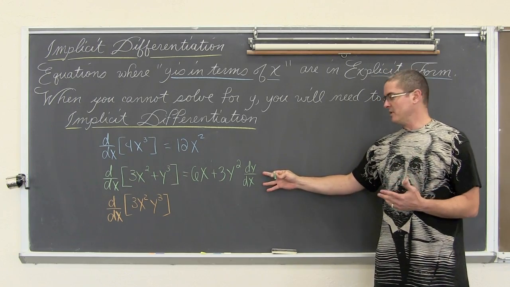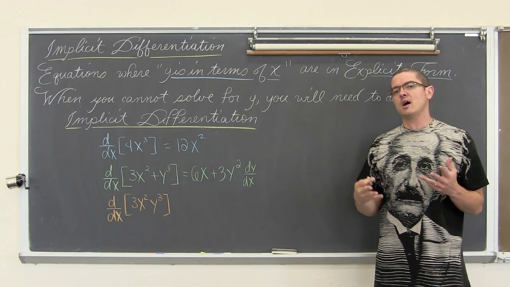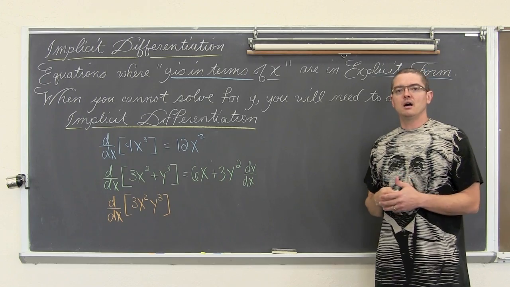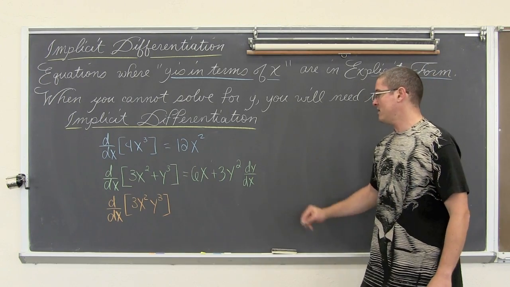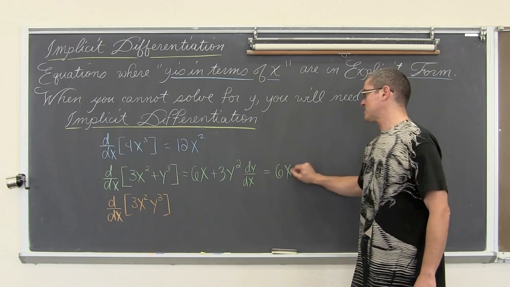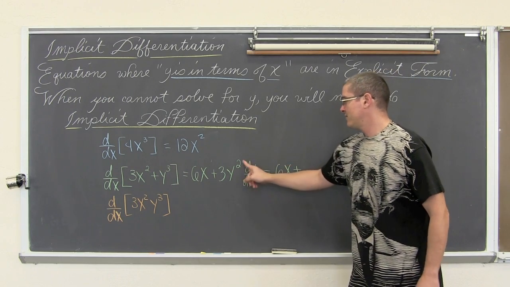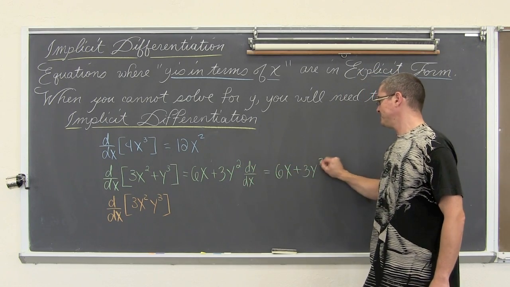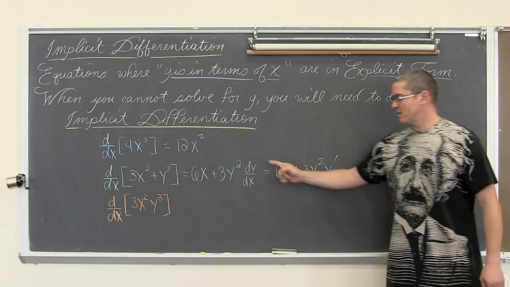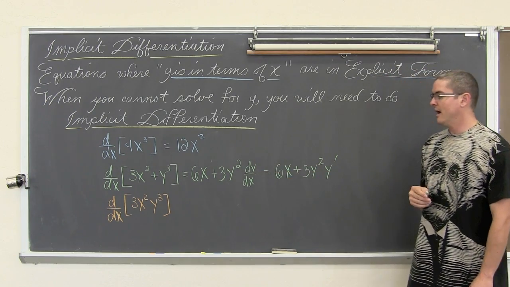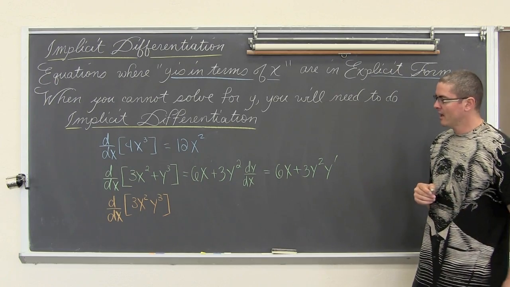I did write it a couple of times, but normally I would just write y prime or f prime of x and say it's the same as the derivative of y. So we can do the same thing here and write this as 6x plus 3y squared, and just write that y prime notation again. But it is the derivative of y with respect to x, in this example anyway.